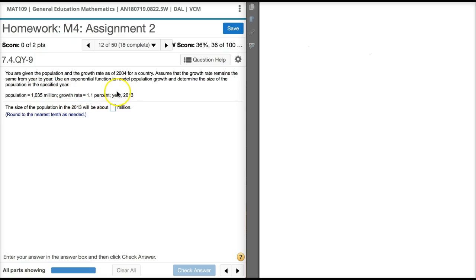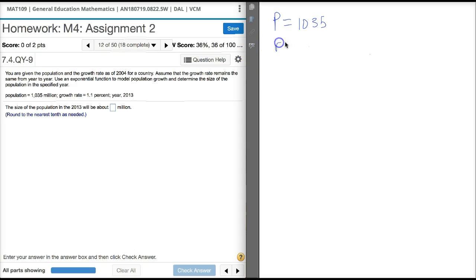Okay. So here, we're told that we have some population growth, and we start off with 1,035 million, which, if we translate that, is going to be 1,035,000,000 people. But we'll just keep P as 1,035, in millions, because our units here are millions.